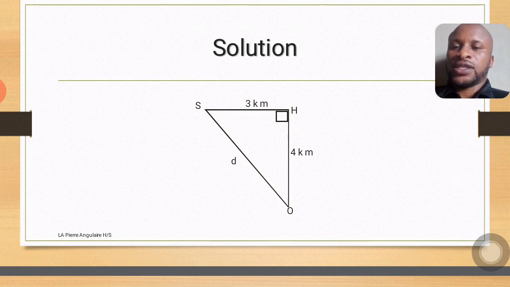You can see it, eastwards. Now on reaching home, he walked 4 kilometers to his father's office. You can see O there. O stands for office. Now the question is the distance. We have to calculate the distance from school to his father's office. So there I represented it with D.